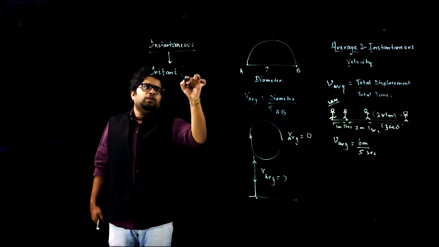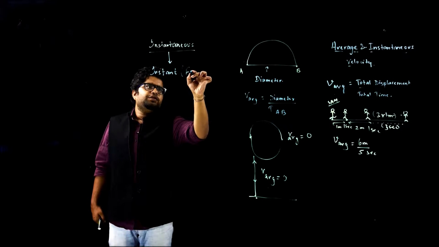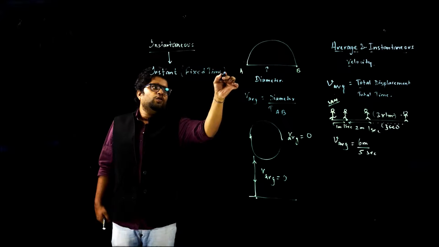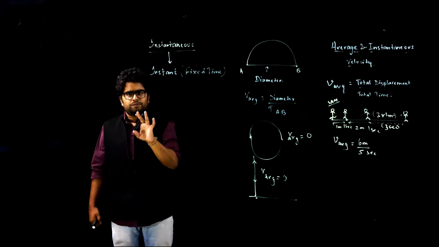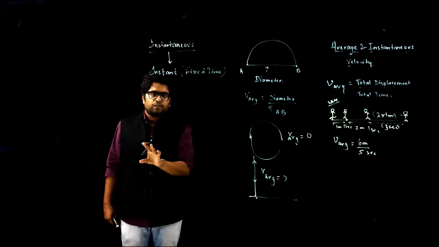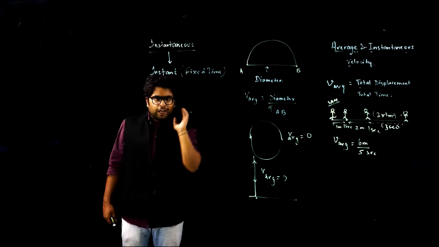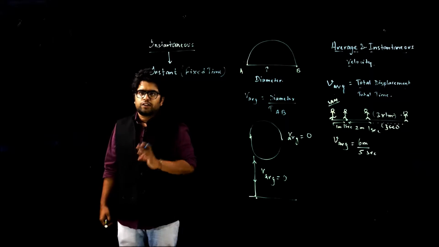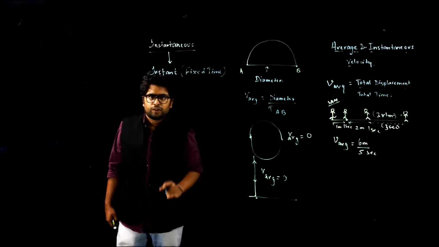That means the point where you have fixed your time. So you are talking about a point at a fixed time. That is the meaning of instantaneous. At that particular instant, what a particular parameter is, that is what you call instantaneous.